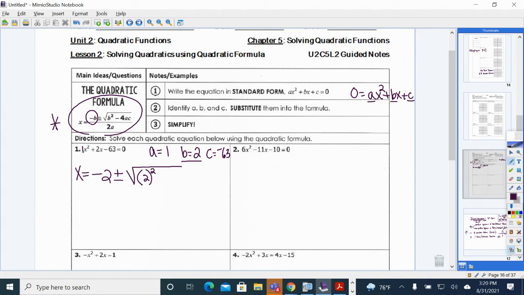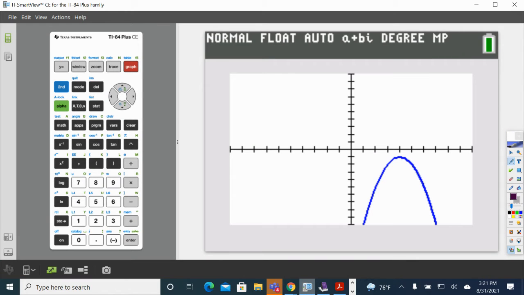So that's b squared minus 4 times a, which is 1, times c, which is negative 63, all divided by 2 times a, which is 1. Now, I want to focus on just the discriminant, just the 2 squared minus 4 times 1 times negative 63. That's the only part I'm going to put in the calculator right now.